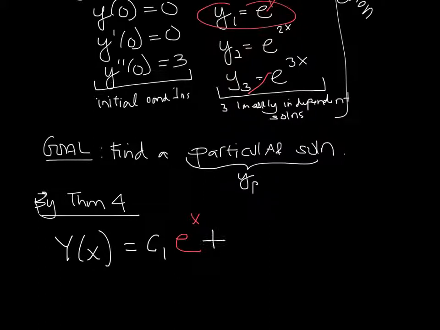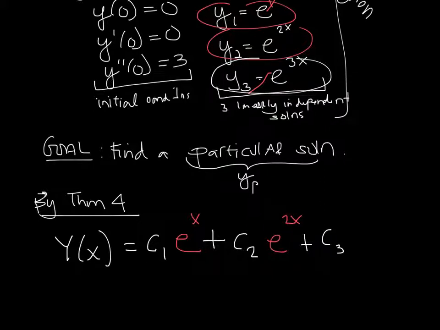Then plus C2 times y2, which is e to the 2x, and finally plus C3 times e to the 3x, the last linearly independent solution. So here's my general solution.